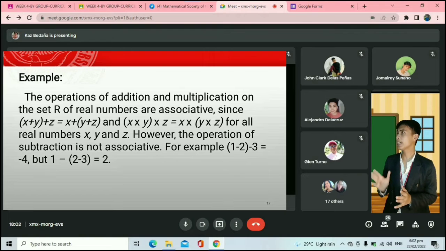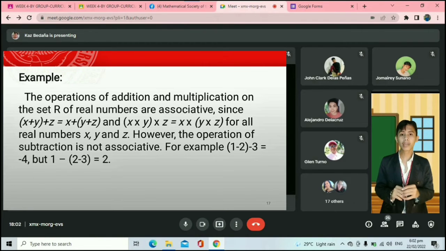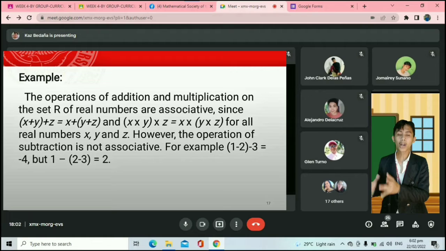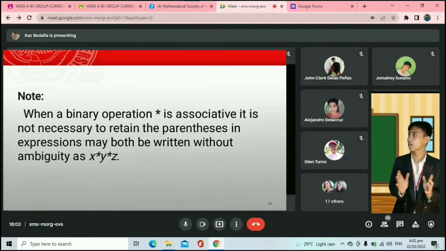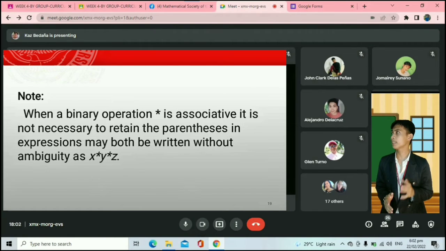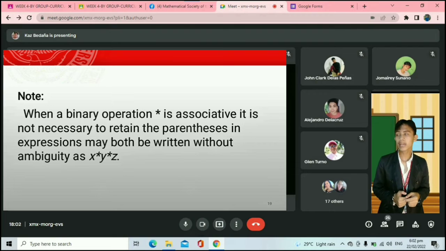In the associative property, if we regroup our operands, the result must be the same. Note that when a binary operation asterisk is associative, it is not necessary to retain the parentheses. The expression may be written without ambiguity as x asterisk y asterisk z.